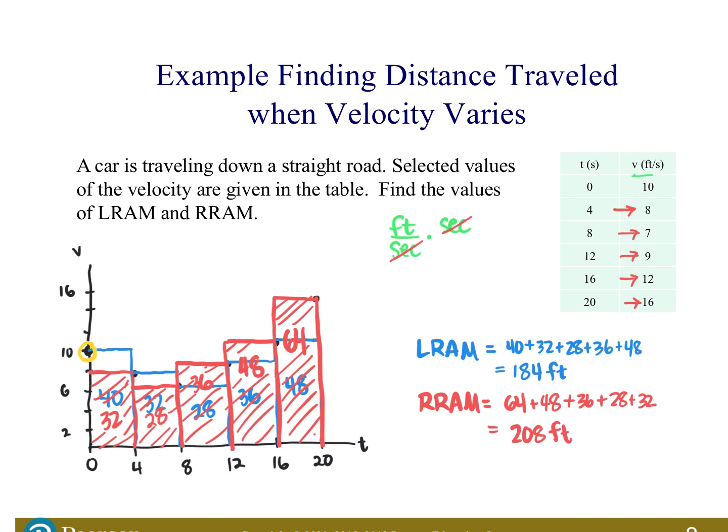So I have two estimates for this car and how far it traveled. One estimate would predict that the car would go 184 feet in these 20 seconds, and the other would predict it would go 208 feet in these 20 seconds. So I have one that's an underestimate of the value, and I have one that's an overestimate of the value.